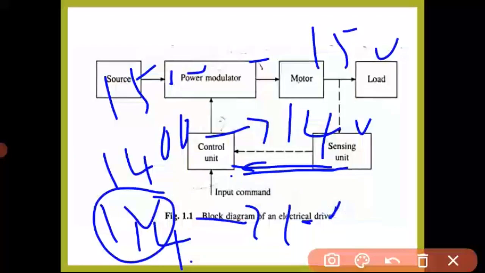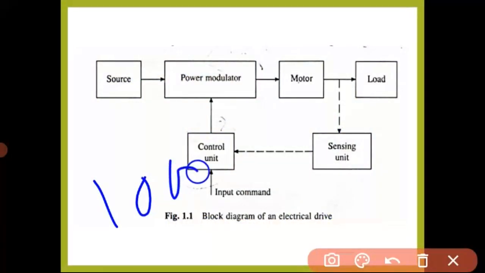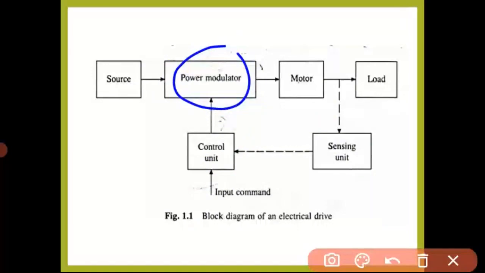So there is a difference of 100 rpm, and this 100 rpm needs to be increased. How do I increase it? By the power modulator. If the motor is a DC motor, I am using thyristor control, SCR control, by decreasing the firing angle so that I can increase the output voltage.